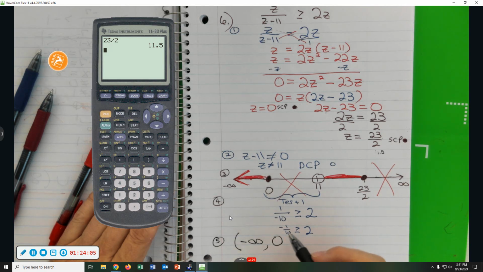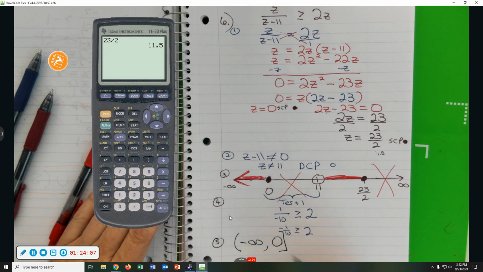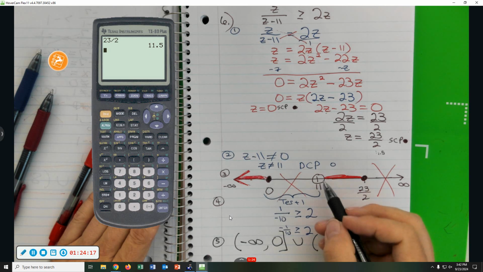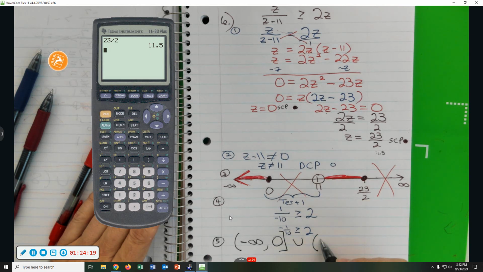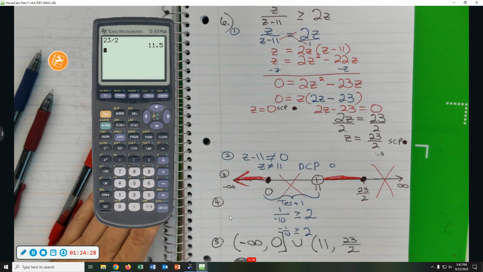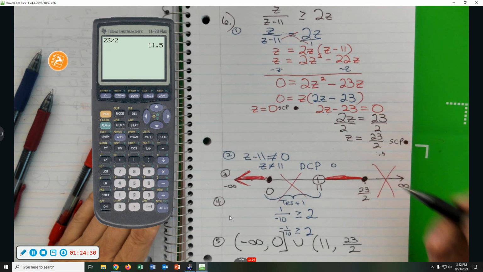Parenthesis or bracket? Bracket. What do I type here? U for union. Now the next interval, parenthesis or bracket? Parenthesis, because it's an open circle, 11, comma, 23 over 2, parenthesis or bracket? Bracket.